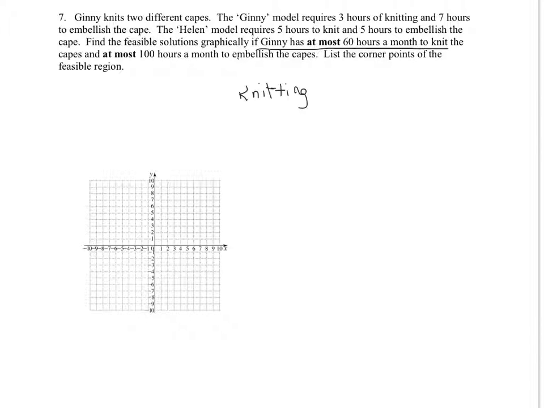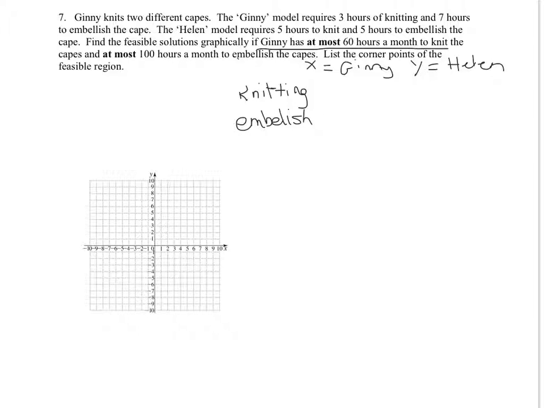We had the additive 1 and 2, and it was related to food A and food B. And we let our variables, our X and our Y, go with food A and food B. If our inequality is going to be related to knitting, and that means our other inequality will be related to embellishing, then our variables will have to be with these models. The X would be the Jenny model, and the Y would be the Helen model.